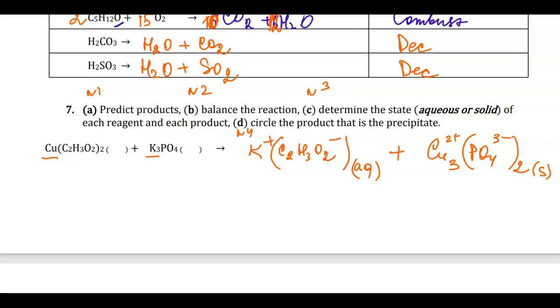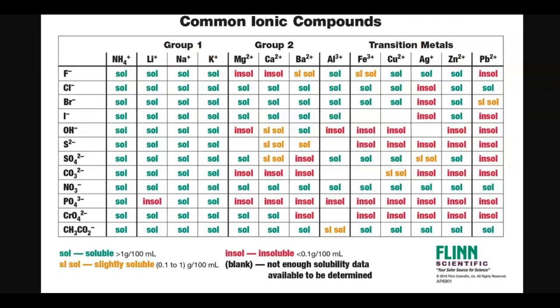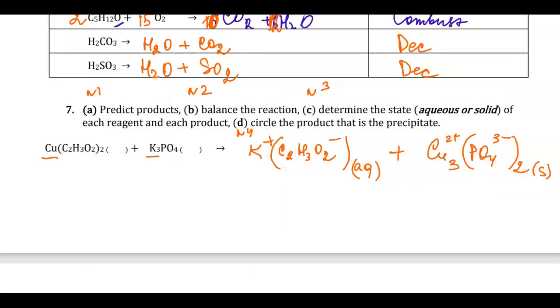So for the first one, copper acetate and potassium phosphate, copper acetate is soluble here, you can see it, and potassium phosphate is soluble too. So aq and aq. Okay, so predict products, done.